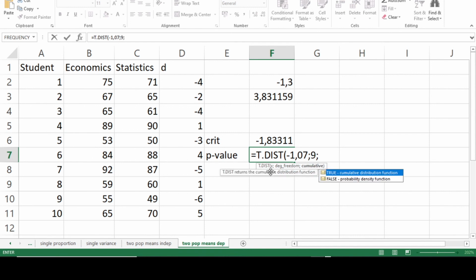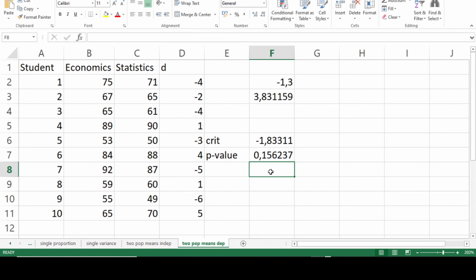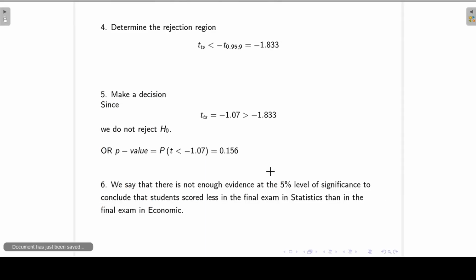And then we want to get the cumulative distribution function and not the probability density function. So we put in TRUE, and we get 0.156 for our p-value. And that is the same as we have here on our slide. And as we said, we conclude, therefore, that there's not enough evidence to conclude that students scored less in the final exam in statistics than in the final exam in economics.